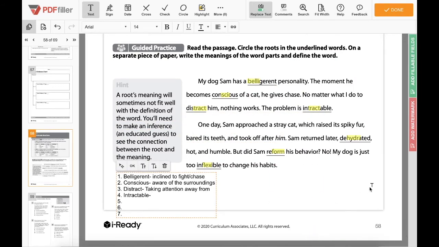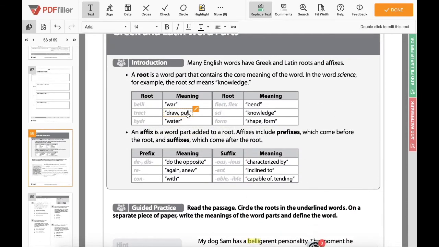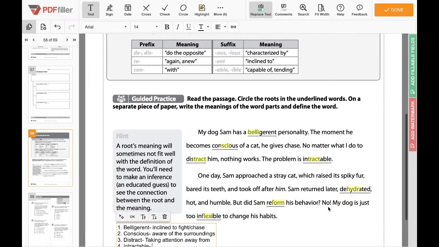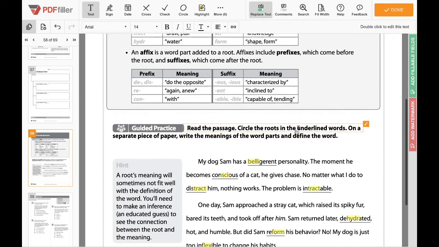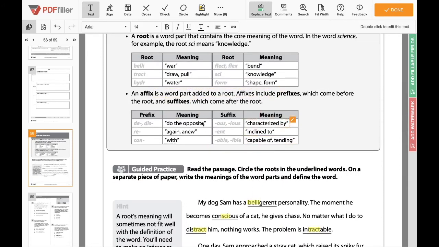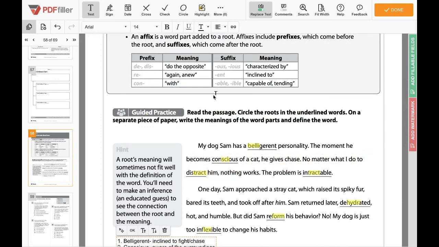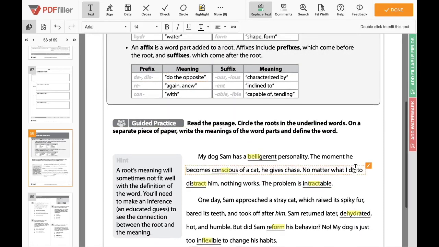Okay, number 4, we have intractable. We know, again, tract still means draw or pull, just like the last one. Now, able means capable of or tending to. So we have draw or pull, and then capable. So we know it has something to do with capable of being drawn. Oftentimes, I don't think it is up here, but in actually means, in is not one of our prefixes or suffixes here, but in is actually similar to d or dis, so it means do the opposite of.